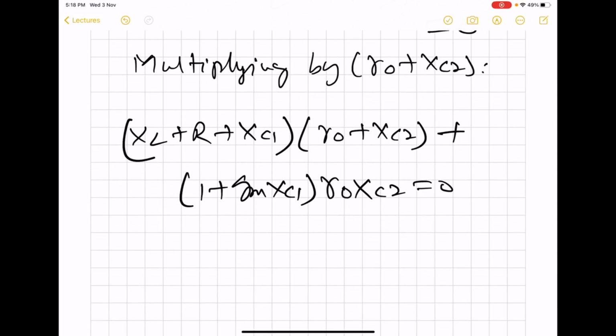So the ultimate objective is to separate out the real and imaginary parts. So what we will do is we will now expand this term.